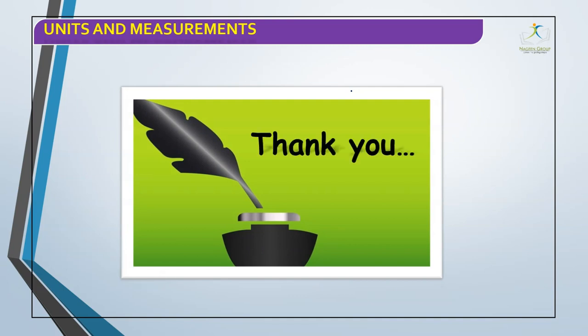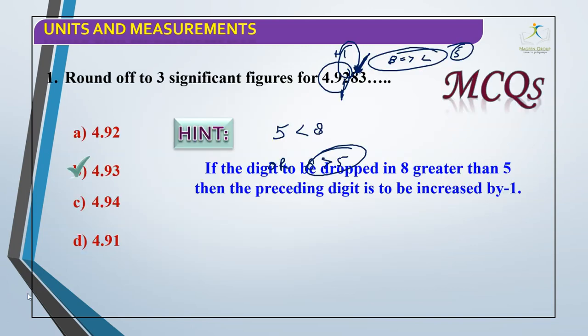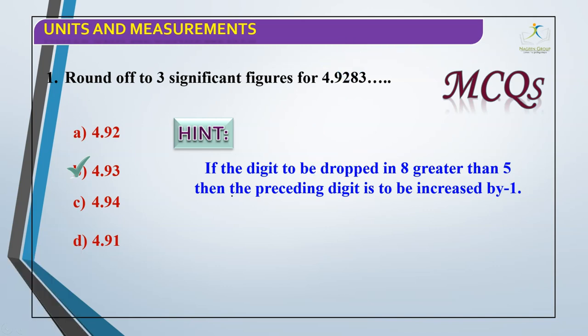Okay, this is the final question, the last one. Let me elaborate a little better for you, students. 8 is greater than 5, so we proceed one digit and increase by plus 1.